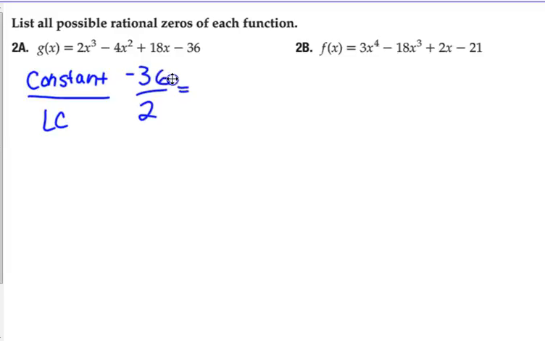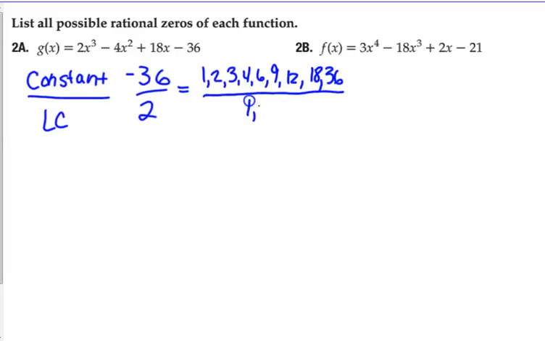What are all the factors of 36? There's a lot. 1, 2, 3, 4, 6, 9. Let's see, 6 times 6, 9 times 4, 3 times 12, 2 times 18, and 1 times 36. In the denominator, we have all the factors of 2, which were just 1 or 2.